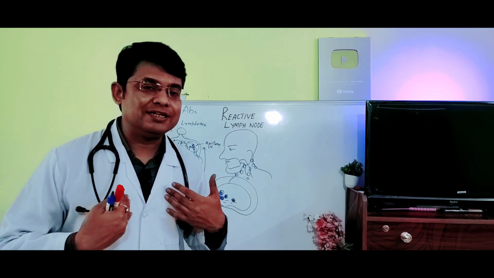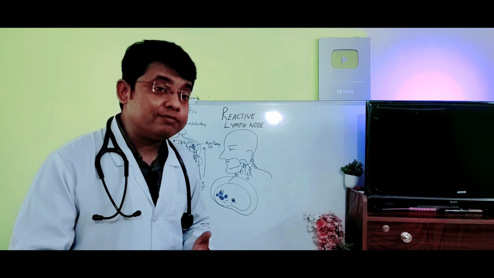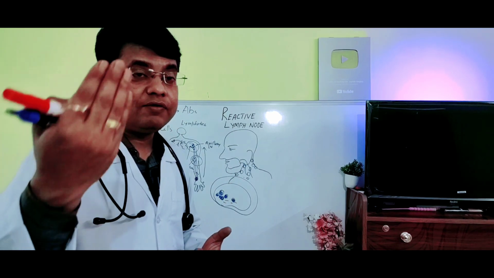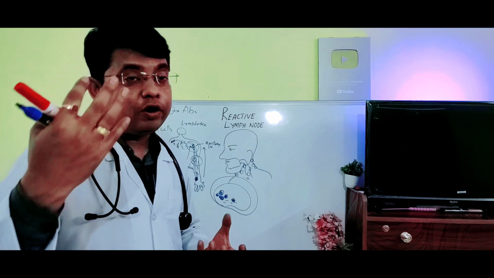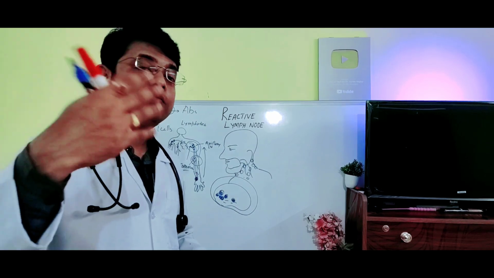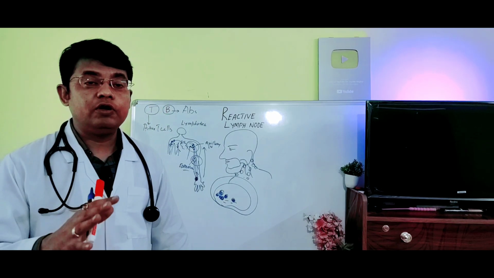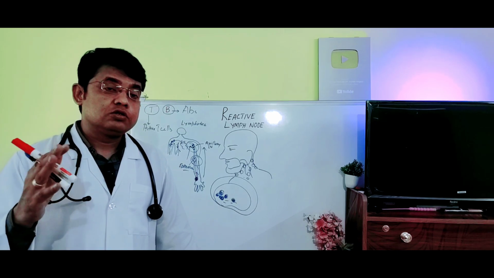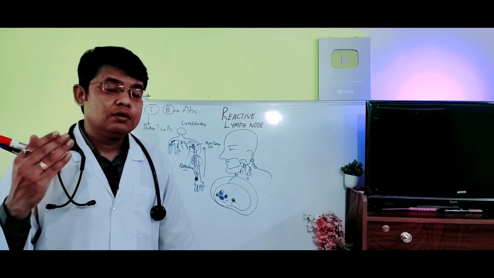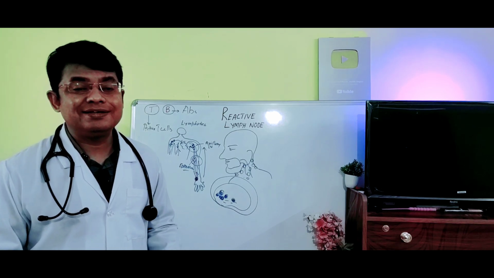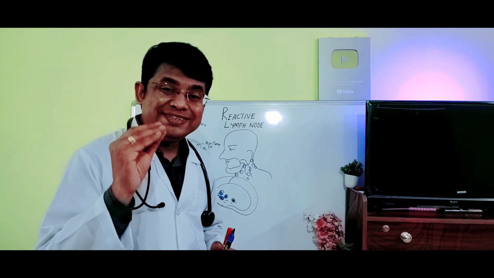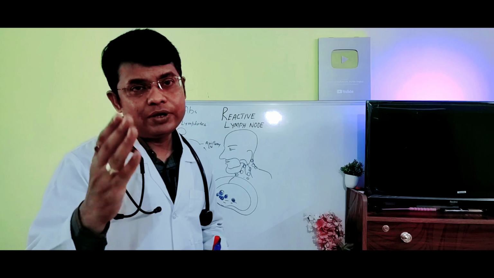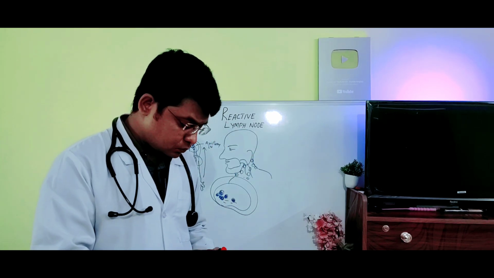If there is an infection in the chest, lung, then we have to give specific antibiotics. If there is an infection in the gum or any tooth, then we should also be giving appropriate antibiotics for those. So the key point in treatment of reactive lymphadenopathy is that we have to treat the primary cause to get rid of this condition.